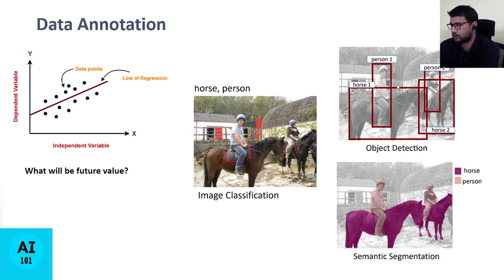In object detection, we describe the bounding box with the class, or we describe all the objects of interest with their localizations.